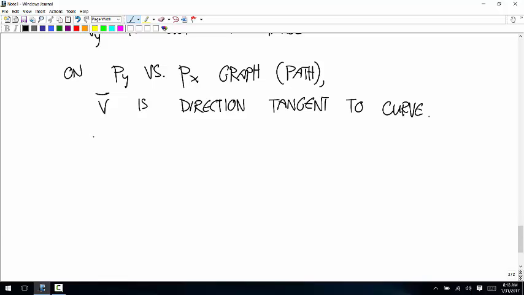Okay, so here's an example. Let's say the position vector is equal to 10 times the cosine of 2t and 10 times the sine of 2t.